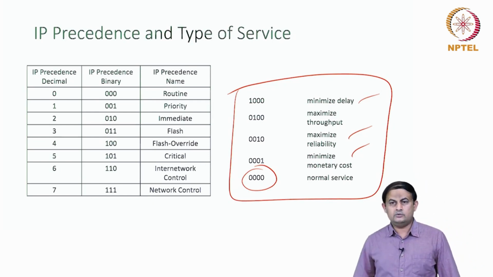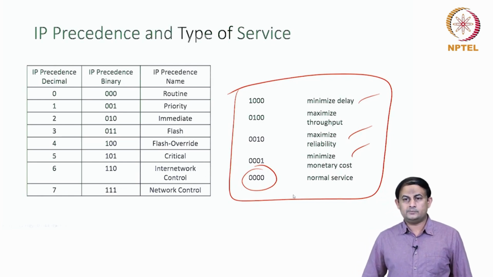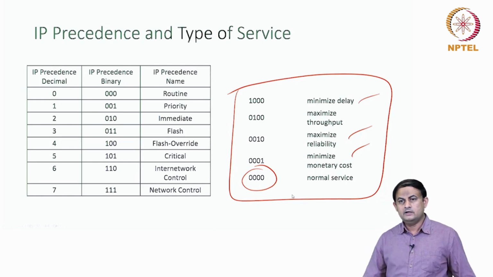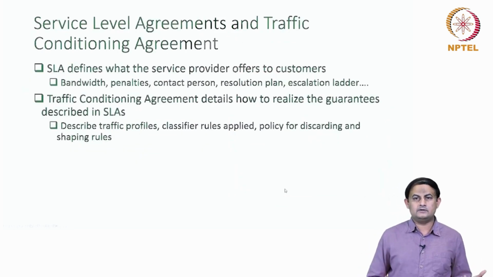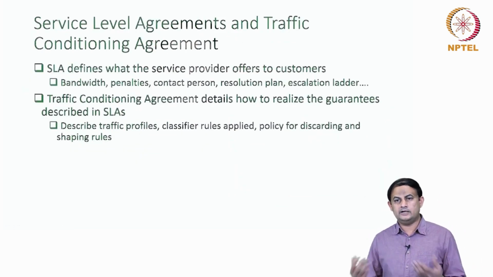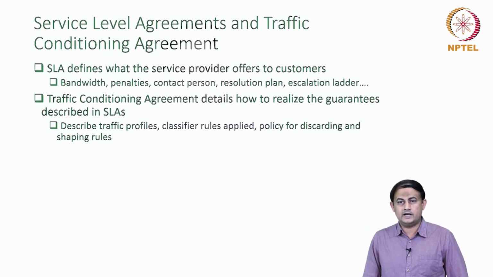Subsequent to 1991, when RFC 1349 came into the picture, people found that the IP type of service model is also inadequate. It doesn't provide the kind of differentiated services that I want in the network.